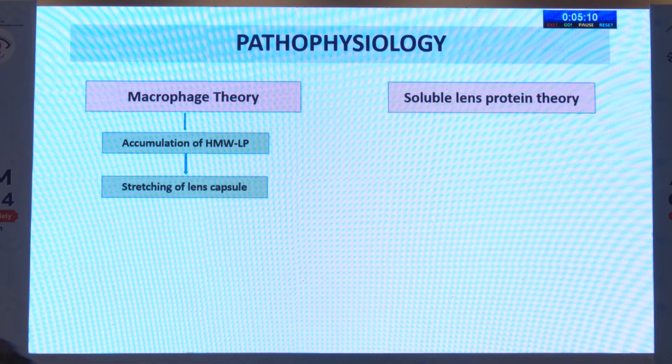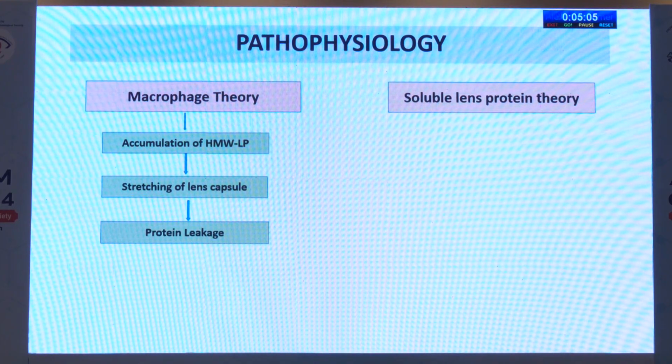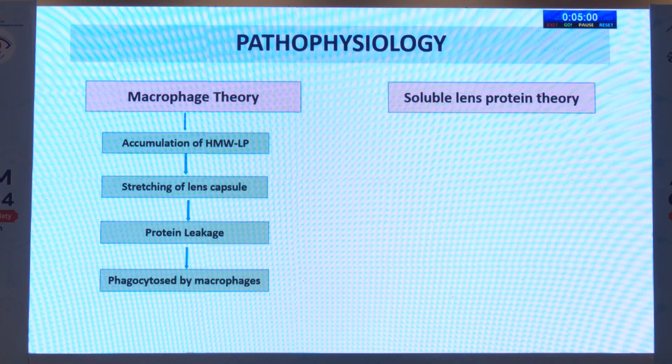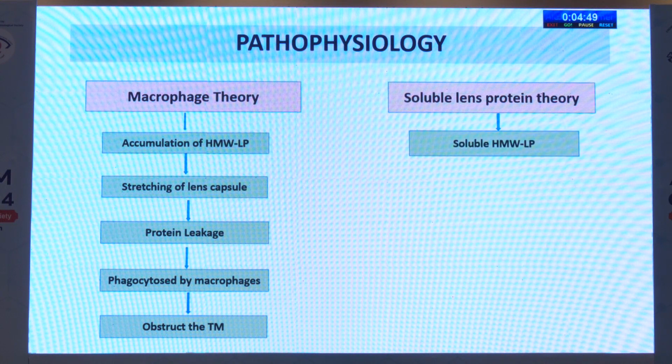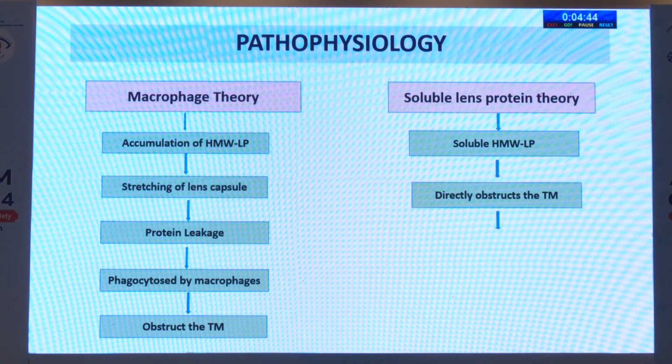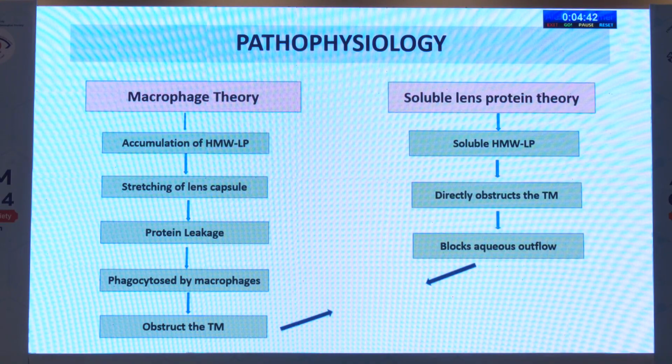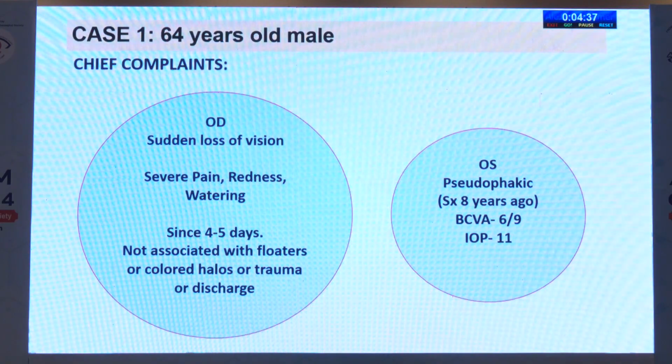Through those micro openings, these proteins leak into the anterior chamber and also into the vitreous cavity. The macrophages engulf these high molecular weight lens proteins and obstruct the trabecular meshwork. Similarly, the high molecular weight lens proteins themselves may obstruct the trabecular meshwork and block the aqueous outflow. Both processes ultimately lead to an acute rise of intraocular pressure.